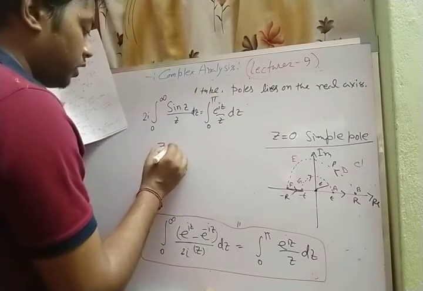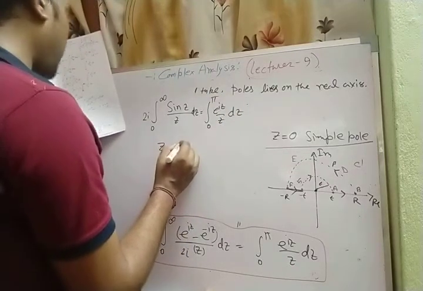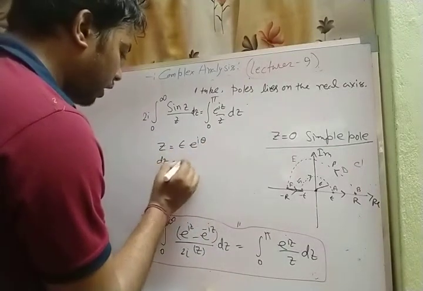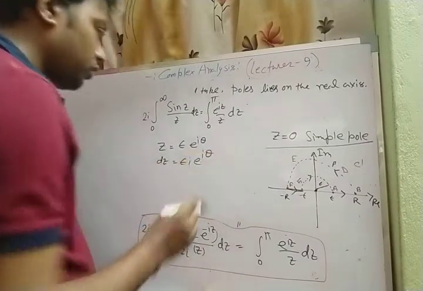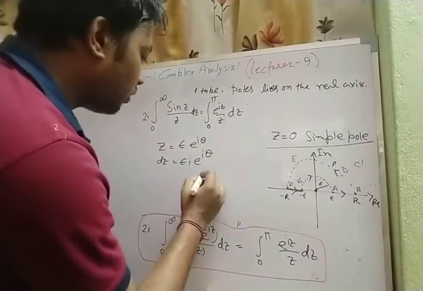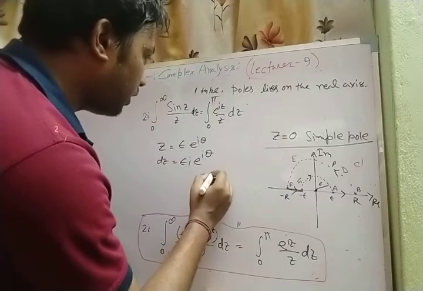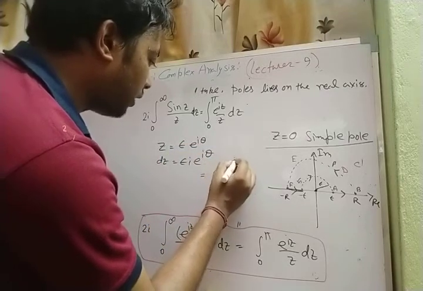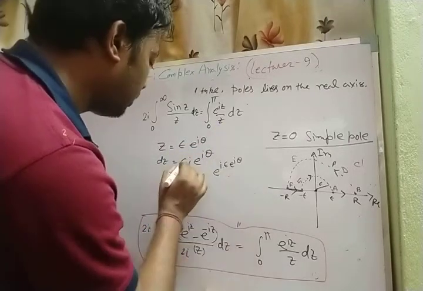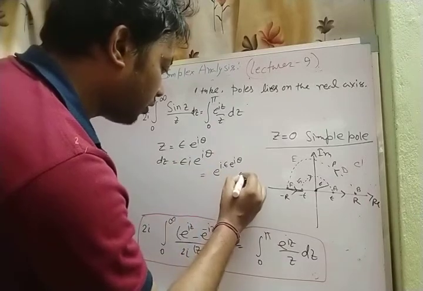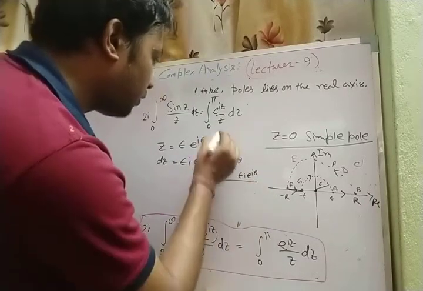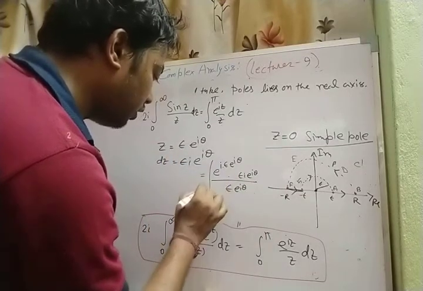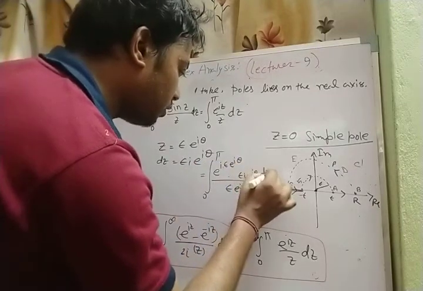Now considering z equals epsilon e to the power i theta, so dz is equal to epsilon i e to the power i theta. Now putting this into this equation, on the right hand side we have e to the power i into epsilon e to the power i theta, and for dz it is epsilon i e to the power i theta, and for z it is epsilon e to the power i theta, integration 0 to pi.